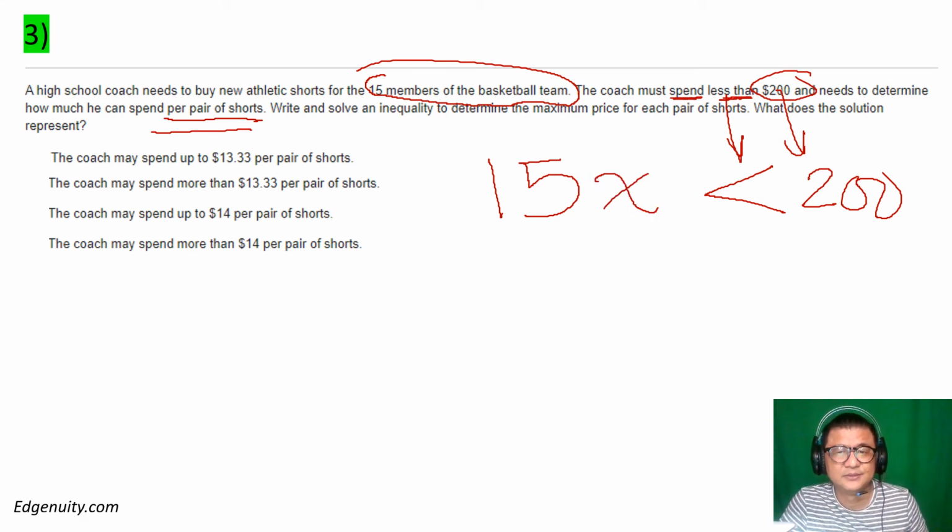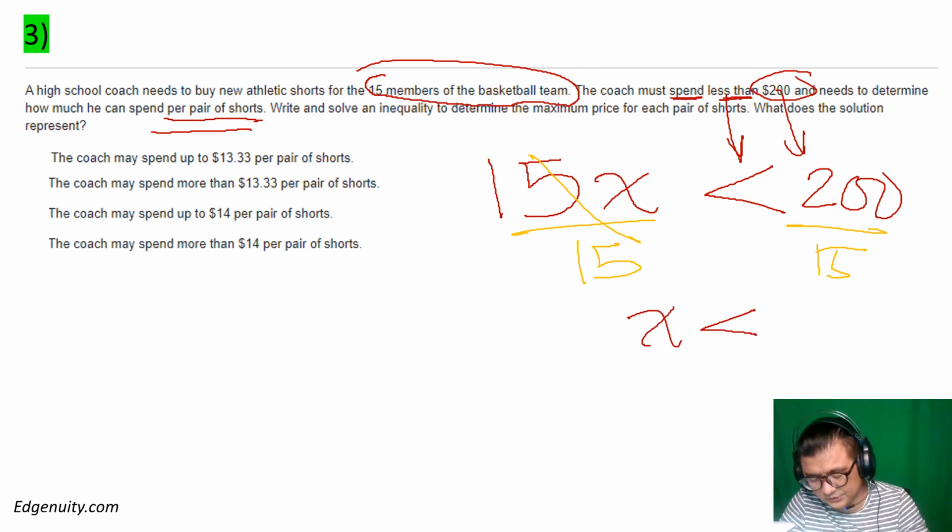All right. So what do I do? Divide by 15 on the left, divide by 15 on the right, cancels out. X should be less than, you don't want to go beyond 200, so 200 divided by 15 is 13.33.